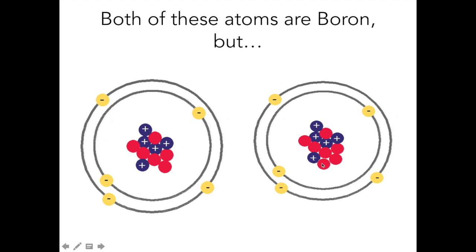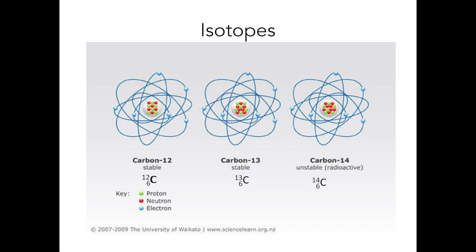Oh, sneaky me. I snuck in another neutron. And it's still boron. It's still boron because the definition of boron is it's an element where the atoms have 5 protons. So it's still boron, but it's a little bit different.